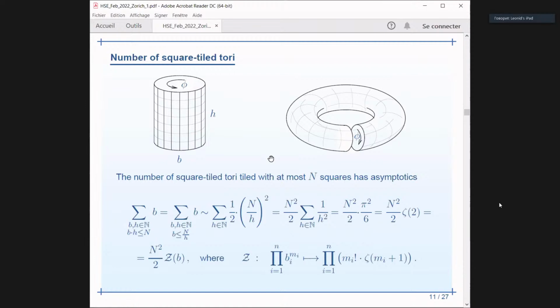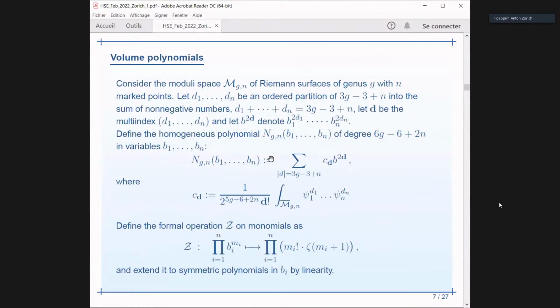Well, Anton, just a historical remark: actually these volumes of discrete moduli spaces were in my paper with Makin of '93. Oh, you mean these volume polynomials? You mean these guys? Yes. Wow.